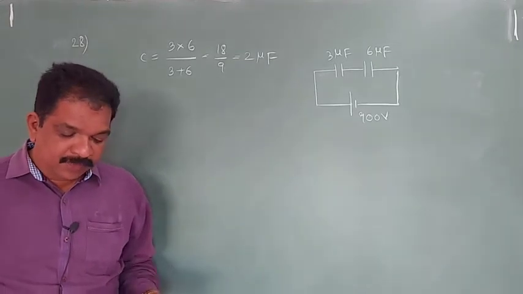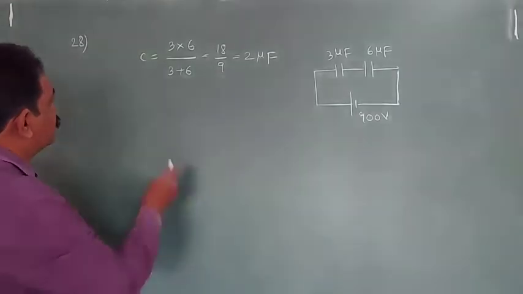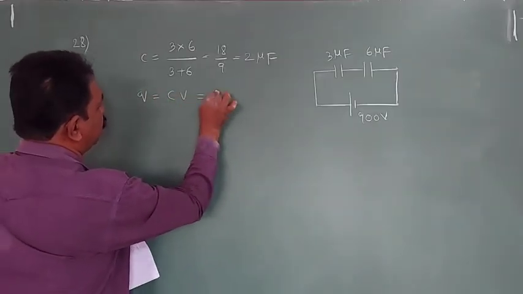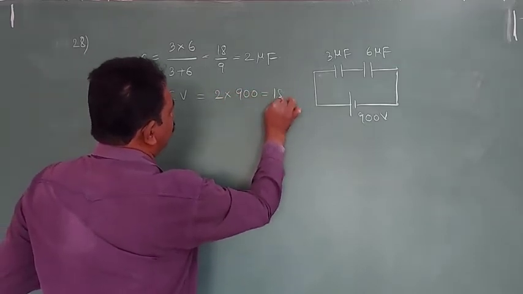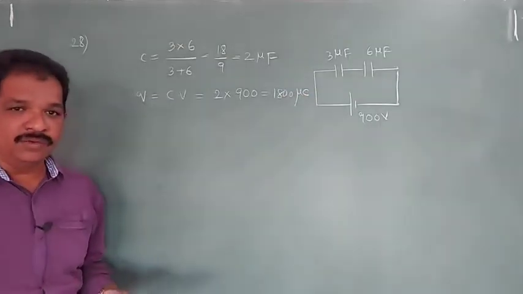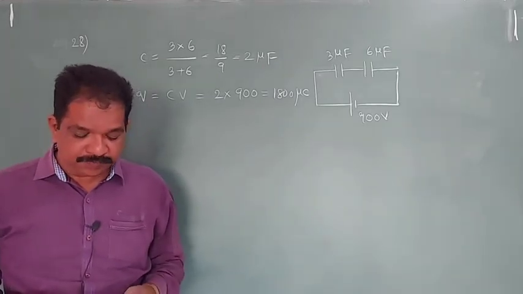And what is the potential value? They gave 900. So the charge stored in it will be C into V, 2 into 900, this value 1800 microcoulombs. That is the charge stored in it.